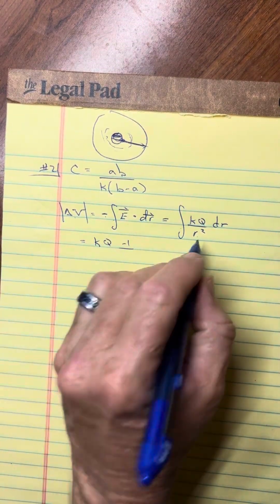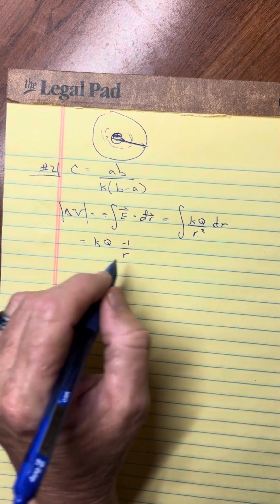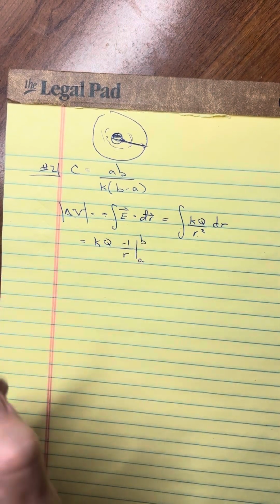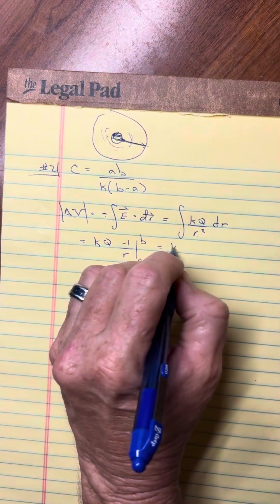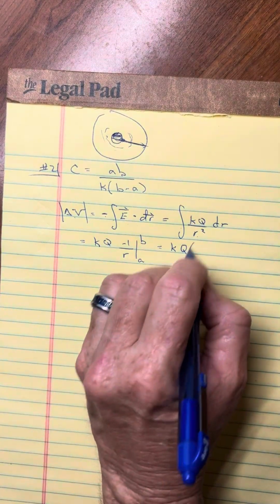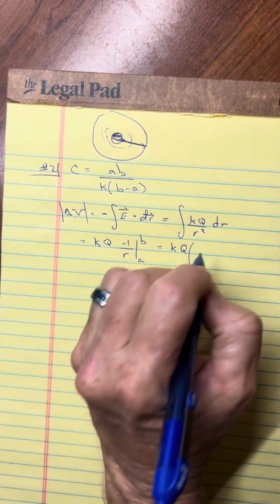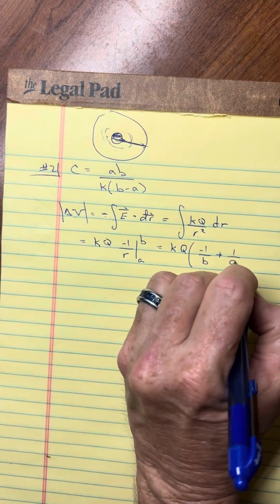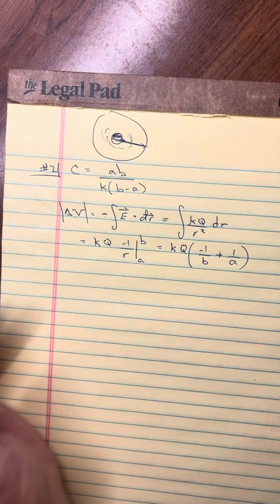And when I integrate 1 over r squared, I get a negative 1 over r evaluated from a to b, which is then Coulomb's constant times Q, and I guess it would be a negative 1 over b minus a negative 1 over a, and something like this.